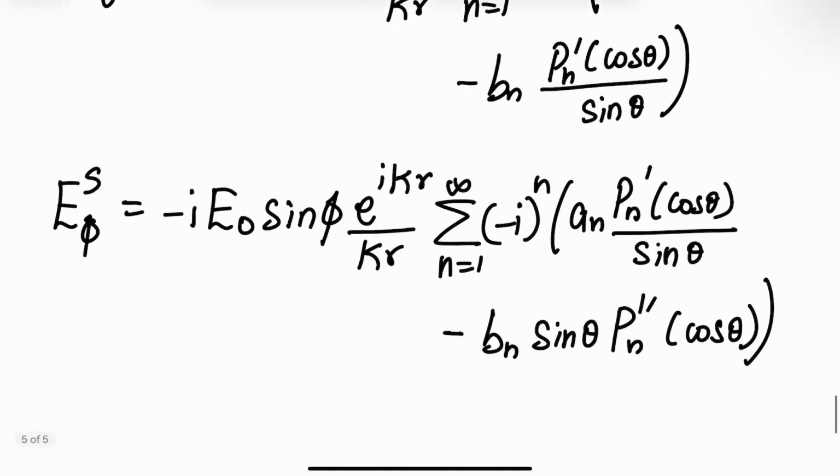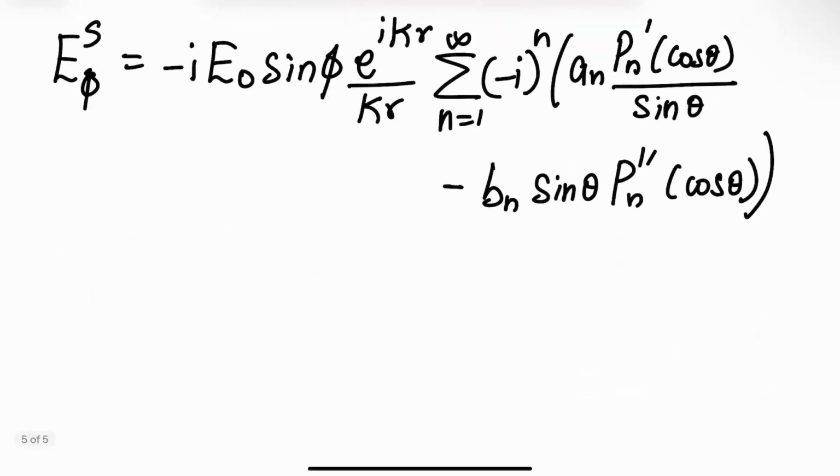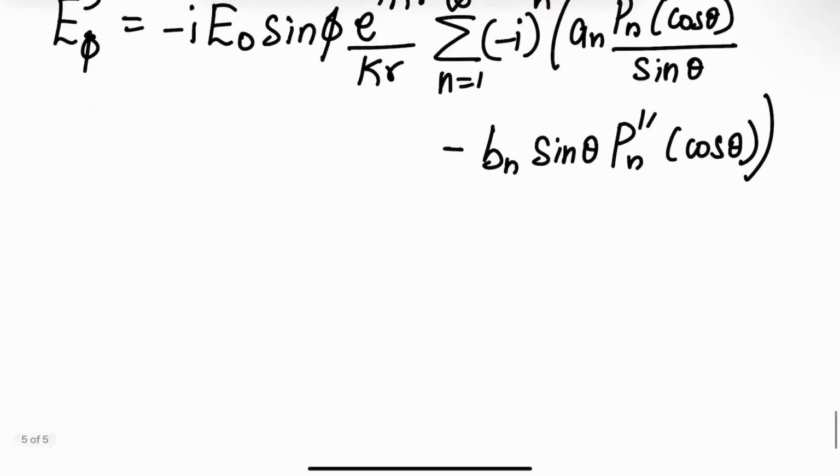So we have the scattered field. Obviously, in the far field, there is no R component, which we know, and the fact that it should be TEM.